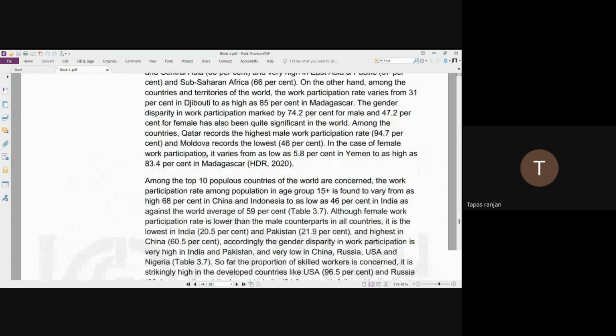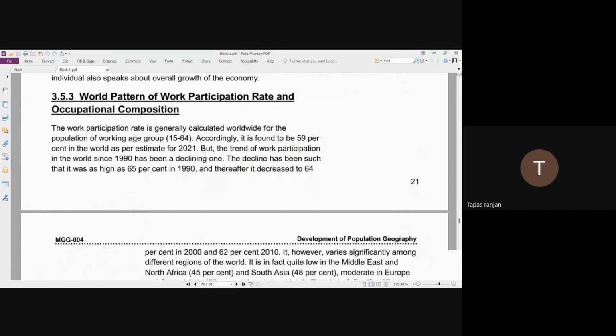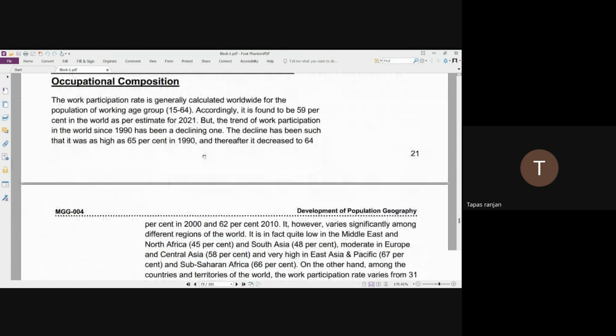If you look into the data of the USA, you can clearly see how the development has progressed. There is a shift from the primary activity to the secondary activity, and from the secondary activity to the tertiary activity. But the problem in India is that the sectoral shift is not proper.